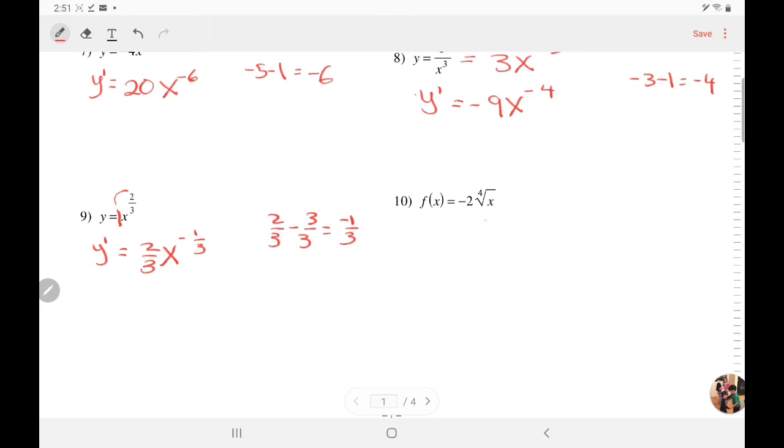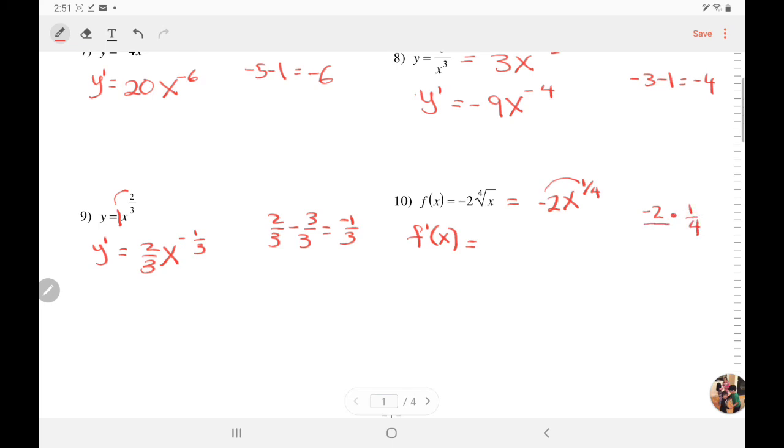Let's practice number 10. We need to rewrite this in exponential form. So negative 2x to the power of 1/4. So the fourth root is the same as the power of 1/4. So the derivative is f prime of x equals, multiply negative 2 and 1/4.